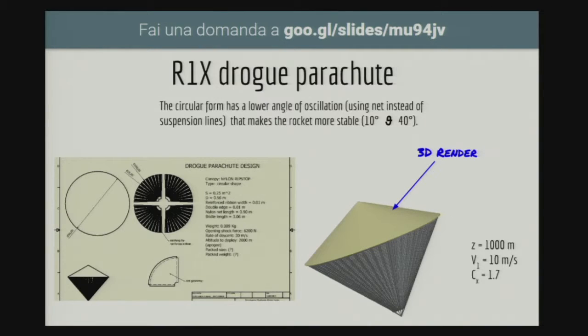So let's talk about what a drogue parachute is. We see a CAD or a 3D rendering, and we use it for the first descent phase of the rocket, and it has the function to stabilize the descent for the first part. It works at 10 meters per second in terms of velocity.